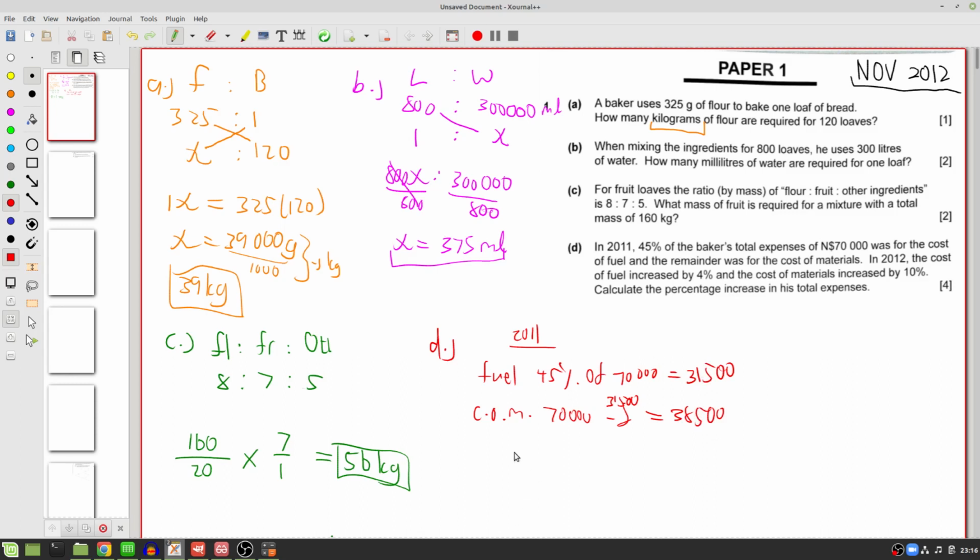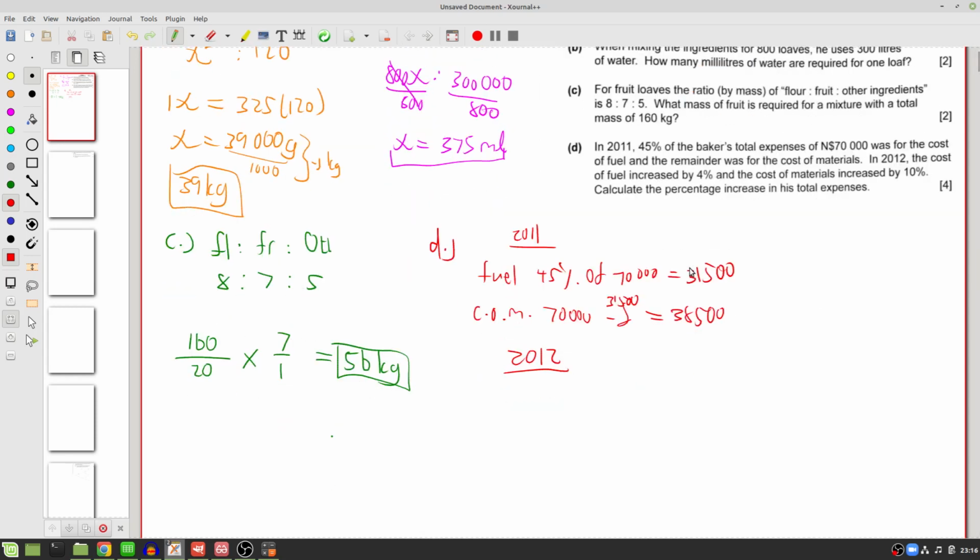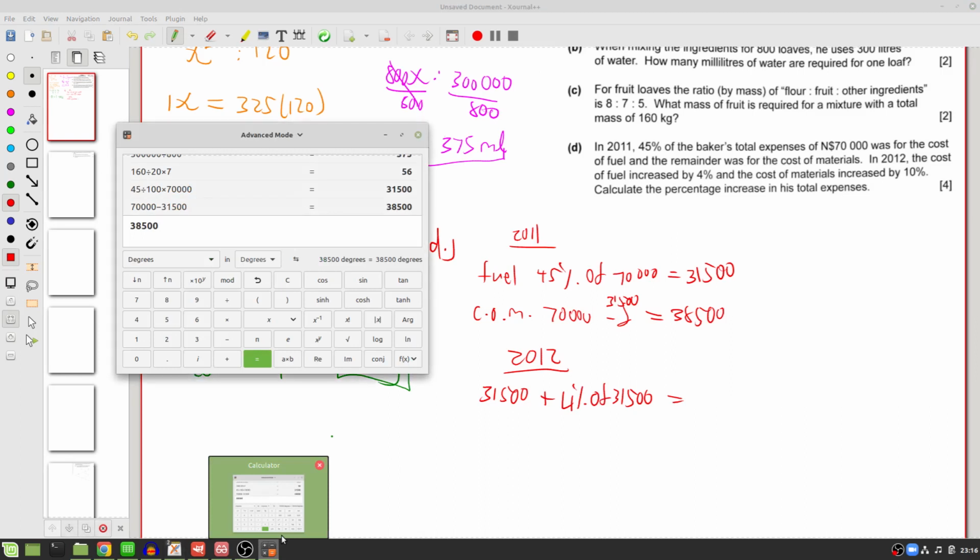Now let's look at 2012. What happens in 2012? The cost of fuel increased by 4%. So we're going to increase this value by 4%. How do we do that? Well, we take the original cost, then we add 4% of the original cost to itself. So 4% of 31,500 is 1260.